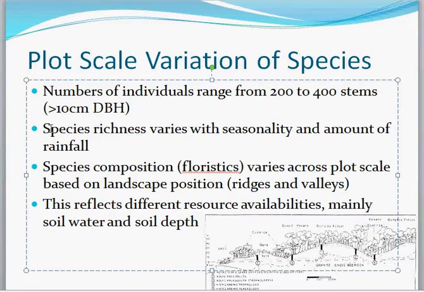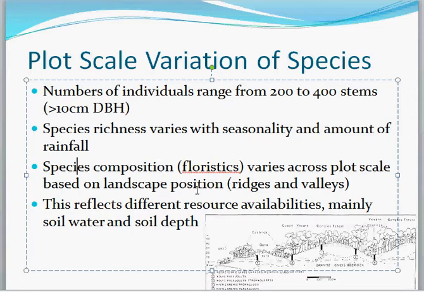Quite often at the alpha species scale, composition is going to vary a lot on landscape position and whether the area is very topographically varied or not. So ridges and valleys quite often will have different moisture characteristics, different nutrient characteristics, and therefore will support different species.